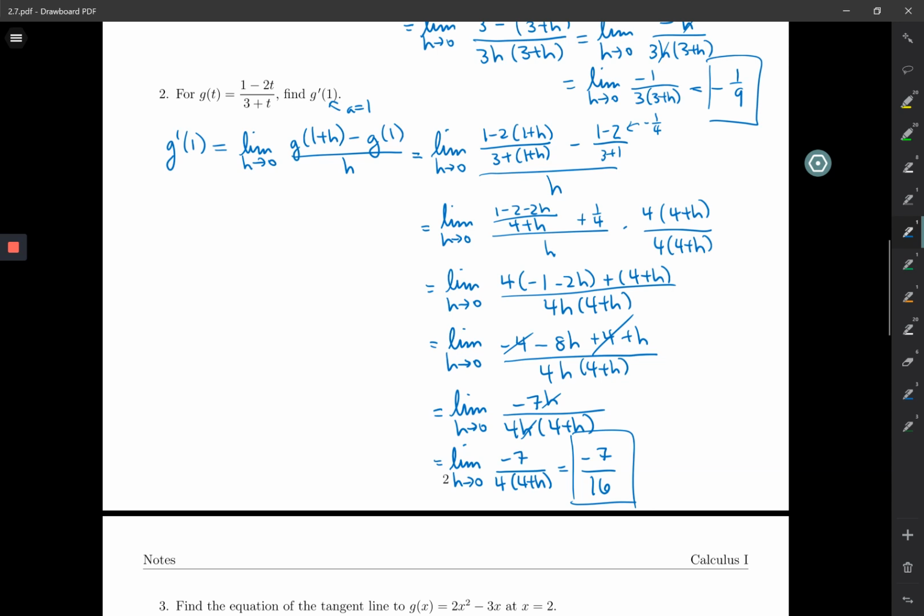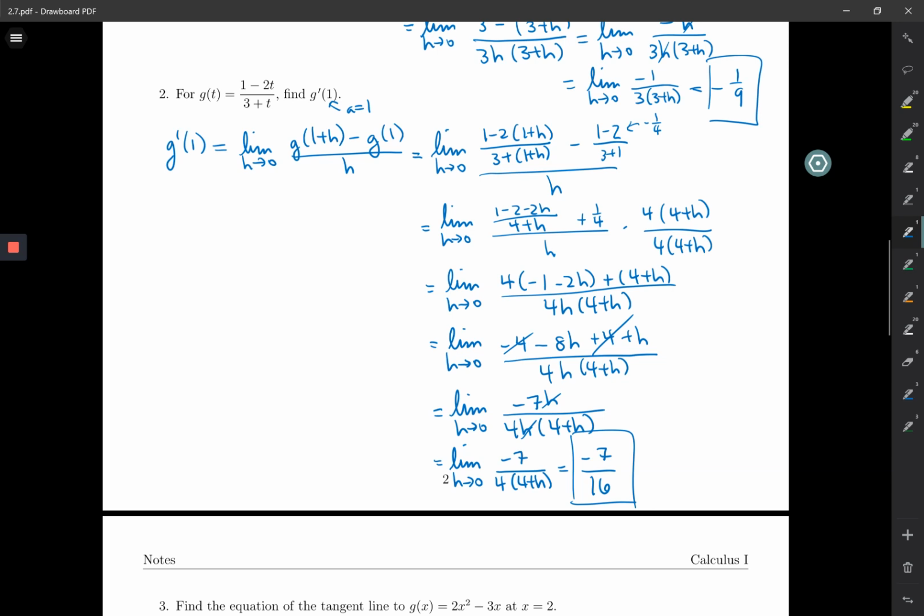So one thing I do want to mention at this point is that I want you to be very careful with your limit notation. So when you're writing these things, don't drop the limit until the very end, when you're done simplifying and you're actually ready to plug in h equals 0. That's when you can drop the limit and just write it as a number, okay? But not before then, okay?